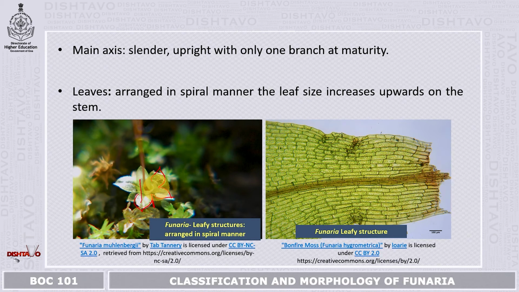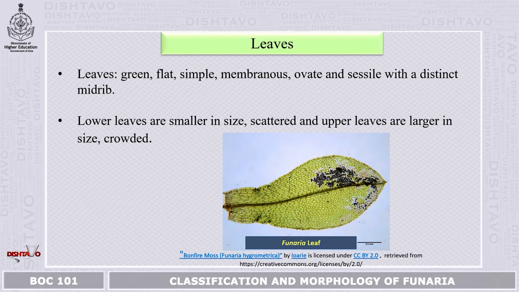Now this is the next picture showing the Funaria leaf structure. Here you can see nicely the midrib and the other tissue. So next is the leaves. Leaves are green, flat, simple, ovate, sessile with a distinct midrib.